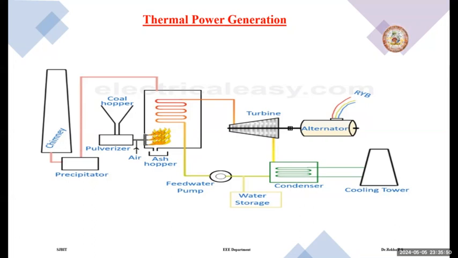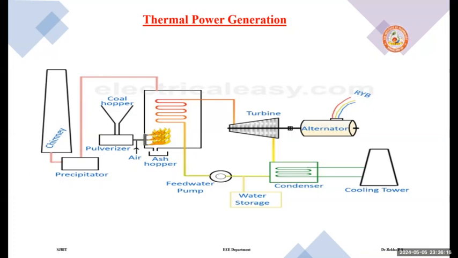There are certain units which increase the efficiency of a thermal power plant. The first one is the air preheater. Air can be used to increase the rate of combustion, so the temperature of the air in the boiler is increased. How?